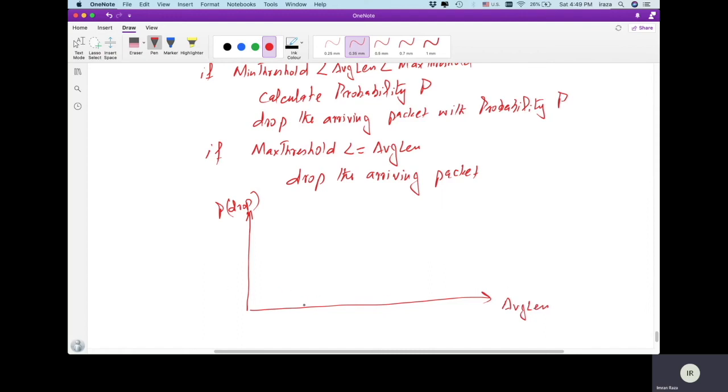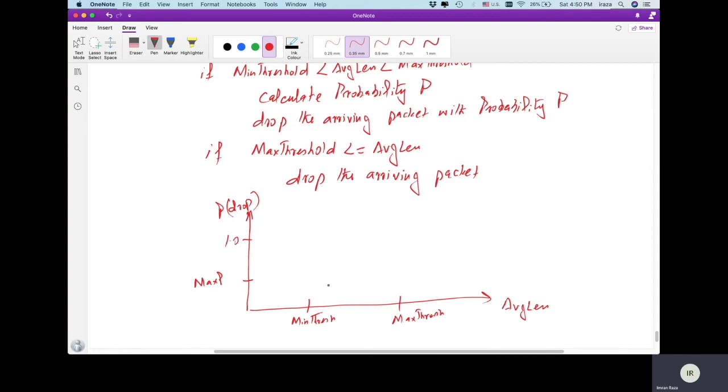And we have obviously two thresholds. We have min thresh, and then we have the maximum threshold. And then on the probability axis we have max P, maximum probability P, and then we have probability 1.